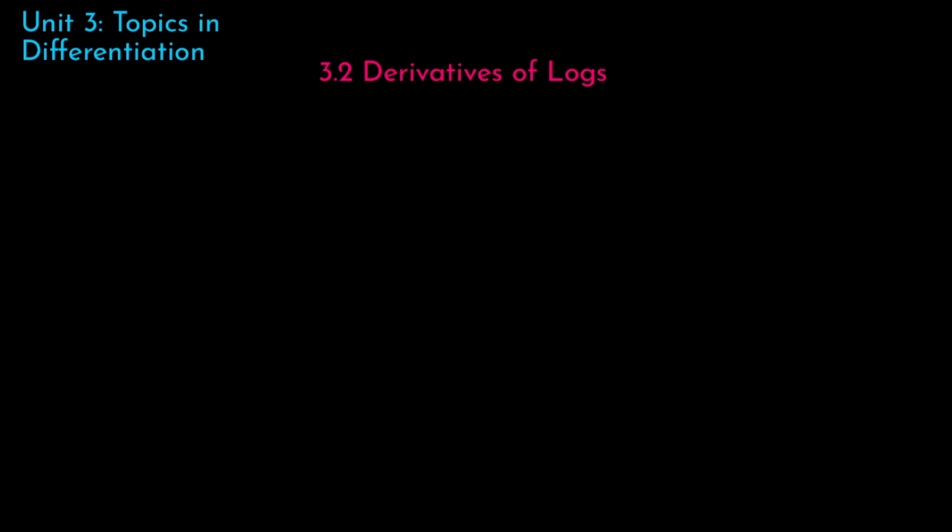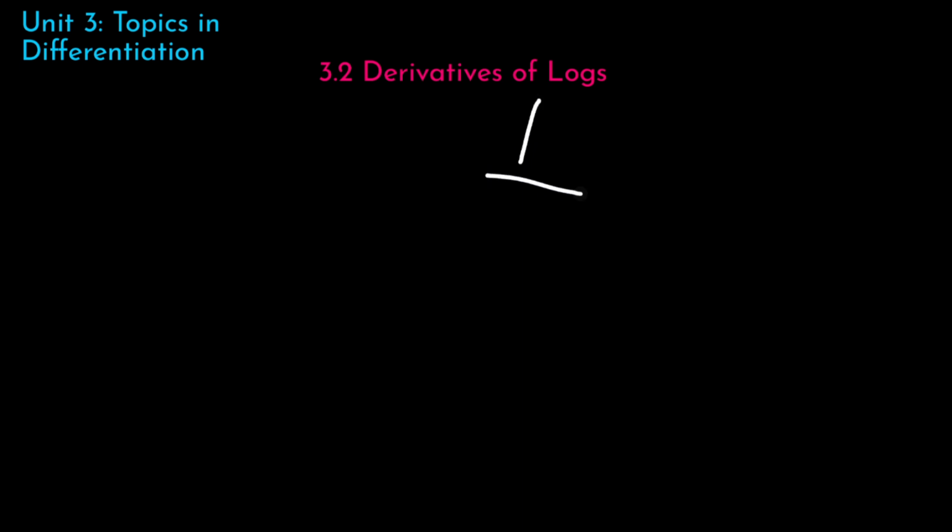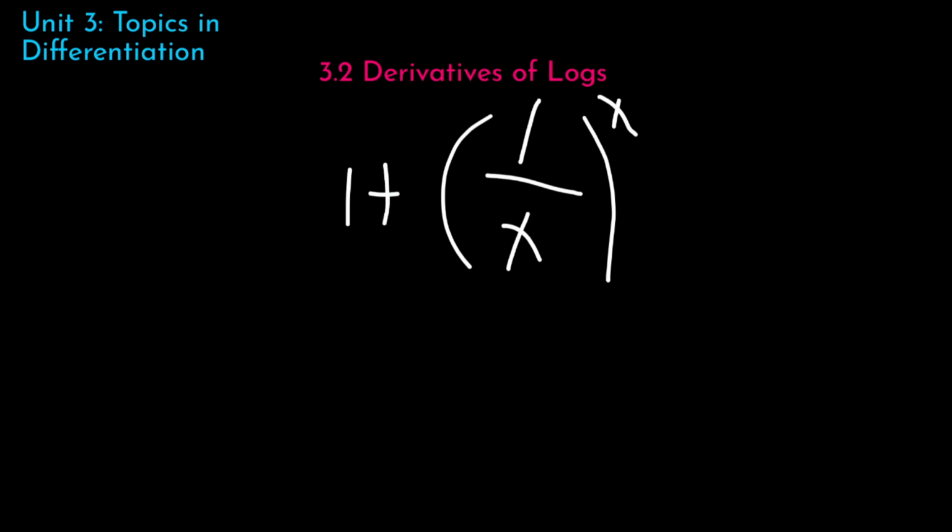So if we have a function and it looks something like this, 1 plus 1 over x, to the x, and this equals e. We're going to take the limit of this function.